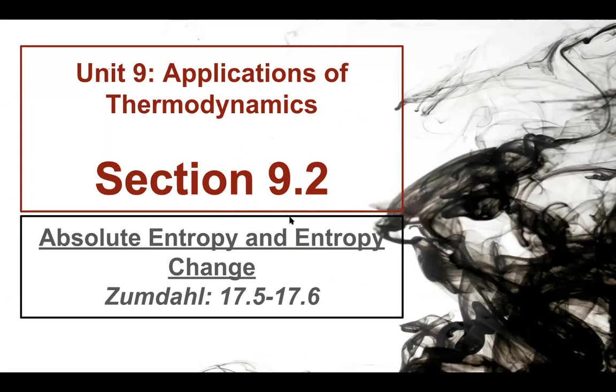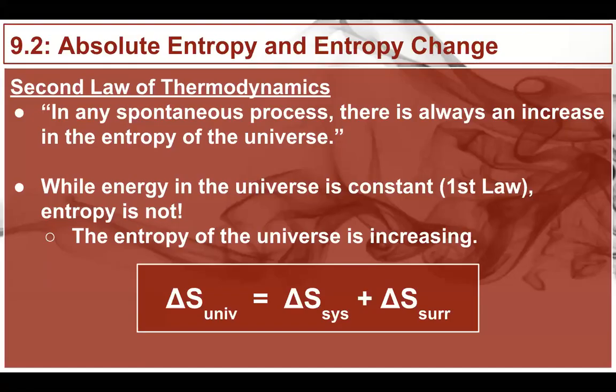This is section 9.2, and we're going to go a little bit deeper into this entropy concept and do a little bit of math in terms of entropy. So let's get right into it. Again, consider that if we want a spontaneous or thermodynamically favorable process, there is going to be an increase of entropy of the universe.